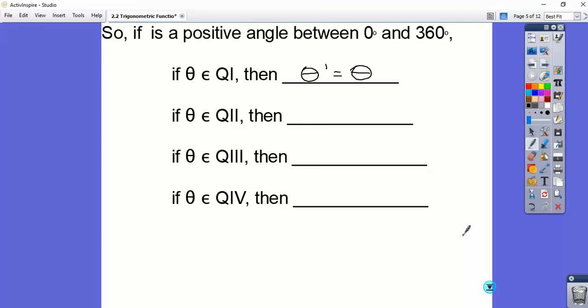If it was in quadrant 2, how did we find the reference angle? 180 minus the angle. So the reference angle is 180 minus theta. In quadrant 3, what do you do?